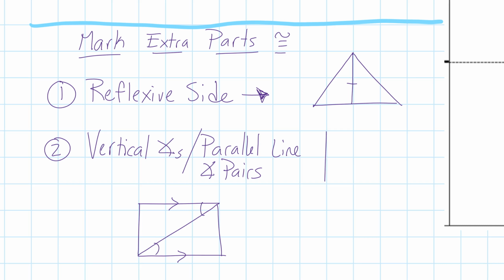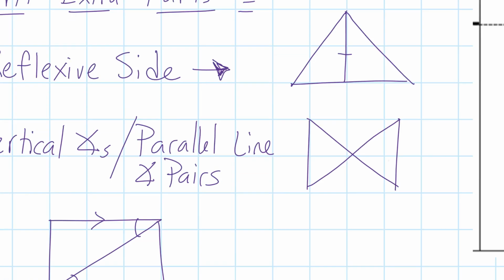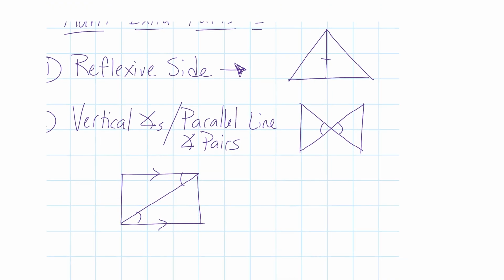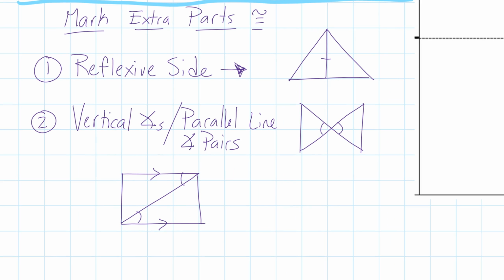Vertical angles, however, normally they'll draw something like this. What can I mark congruent here? Where? Yes. The two intersecting lines form two what? Vertical angles, and I can mark the vertical angles congruent. These are the only technically 3 times that you can mark parts congruent when it doesn't tell you. Any questions at all?